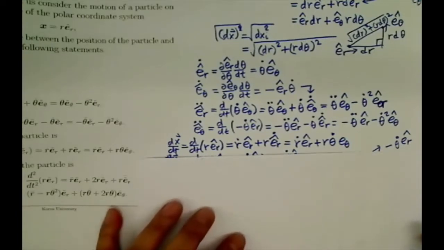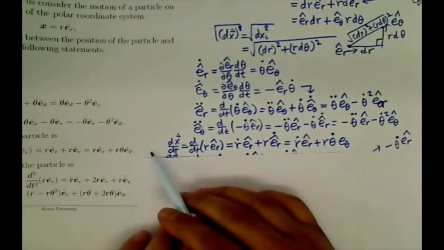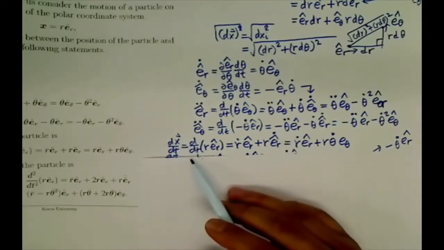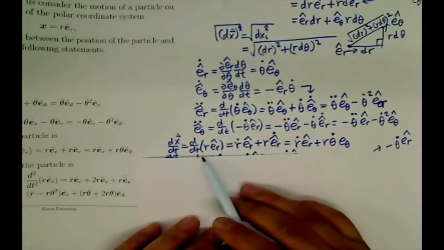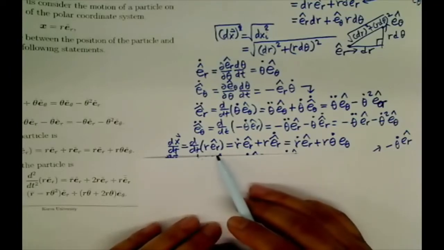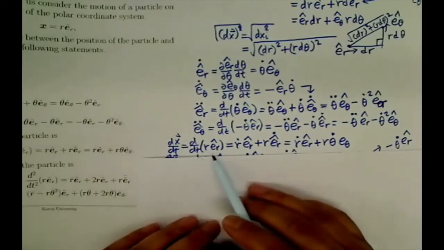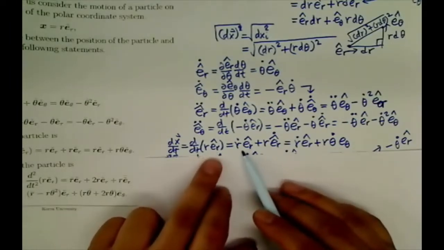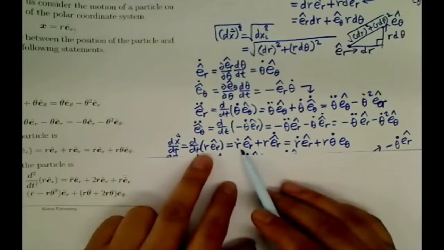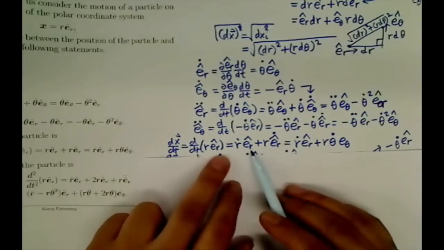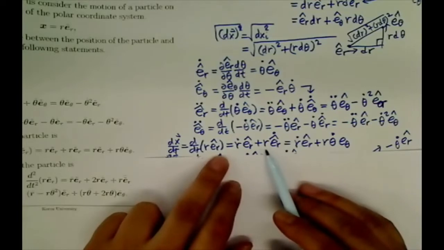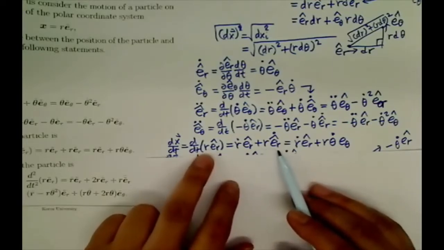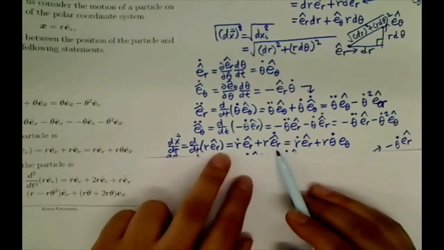We summarize all results to find the velocity of a particle in a two-dimensional polar coordinate system. This is the displacement vector. If I take the derivative, first I take the derivative of the radius multiplied by the unit vector. And then I keep the radius the same and take the time derivative of e_r hat.